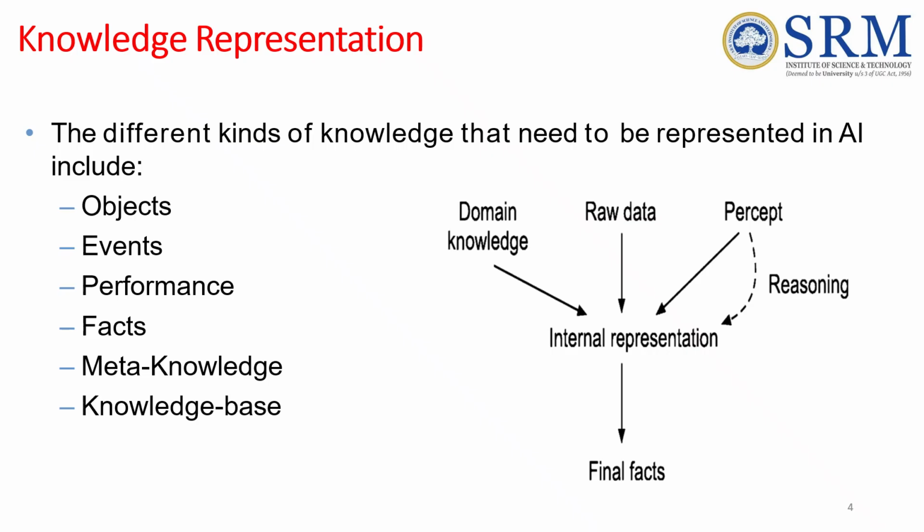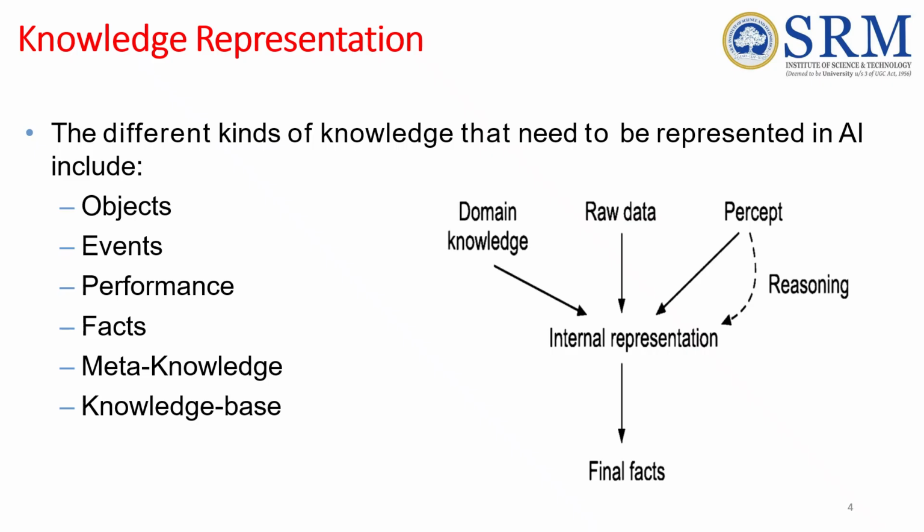Then we move to reasoning, where the AI system applies logical rules to the represented knowledge, derives new conclusions, and makes decisions. Final facts are the conclusions obtained from reasoning after the internal representation. For example, "the patient has flu" is a final fact.